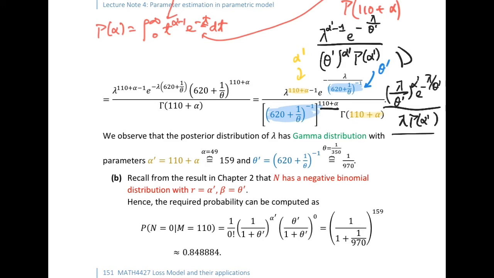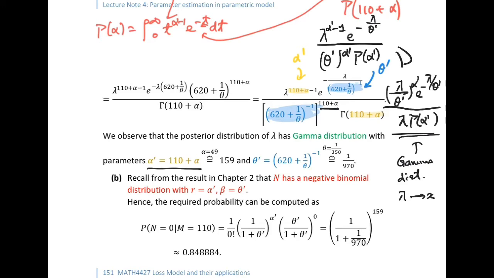So actually this one looks like what? It looks like a gamma distribution, isn't it? You just treat lambda to be your x. Then essentially this is just the PDF of a gamma distribution. So that means the posterior distribution of lambda has a gamma distribution with parameter alpha prime equal to 110 plus alpha, which is equal to 159, and theta prime equal to (620 plus 1 over theta) to the power minus 1.